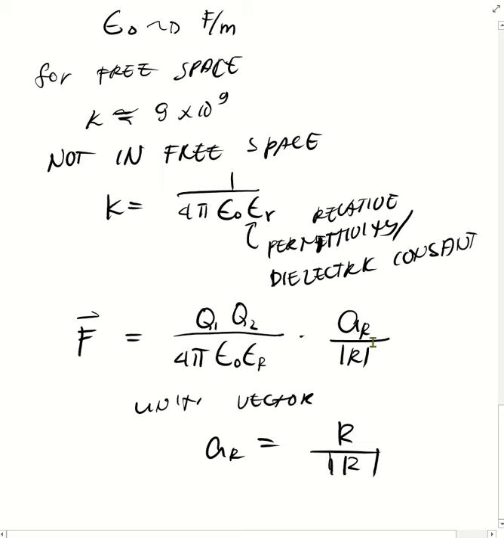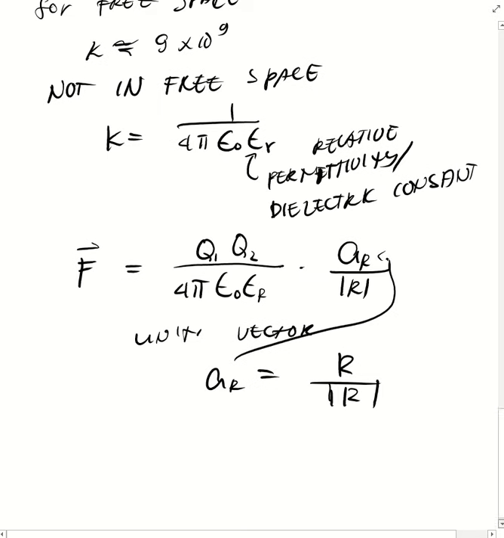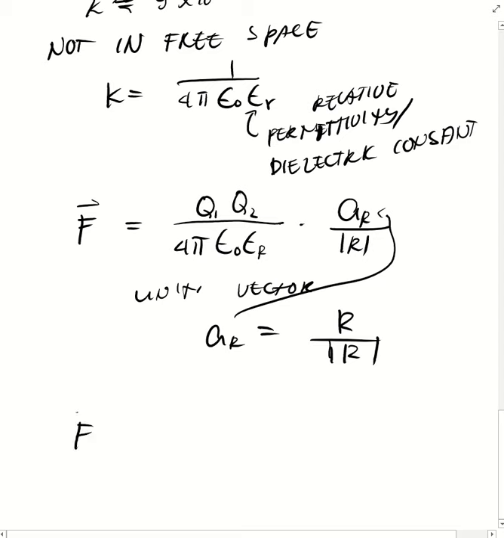So if I substitute the unit vector here, our formula for F becomes Q1 Q2 over 4 pi epsilon naught epsilon r, times 1 over r squared.